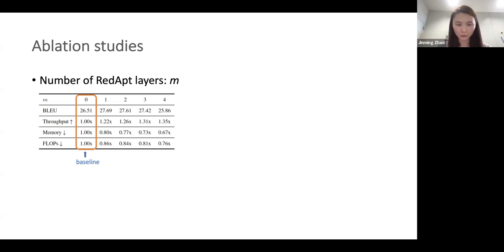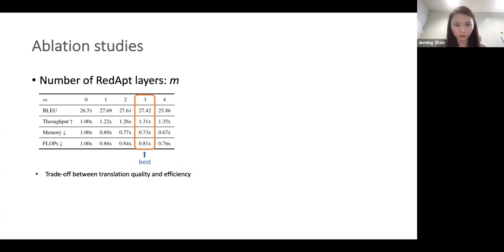When M is set to 4, it means that we inject 4 RedApt layers inside wav2vec tool. Overall, we observe a trade-off between translation quality and efficiency as the value of M increases. And then we decide to set the optimal value for M to 3 because it well balances the two factors.